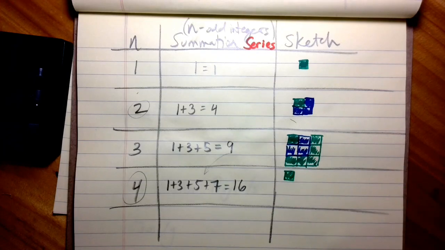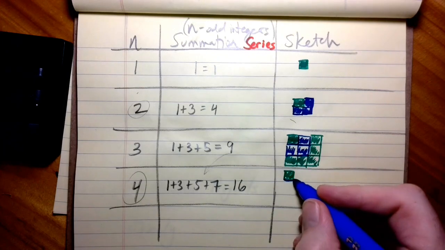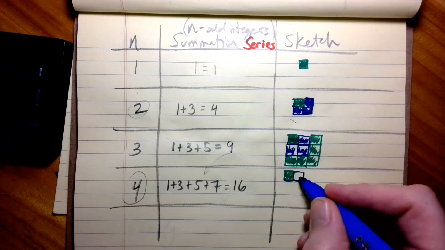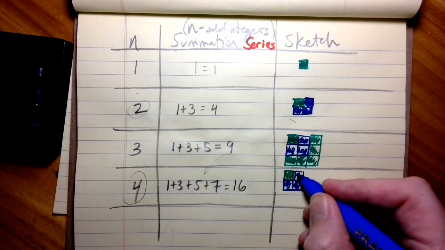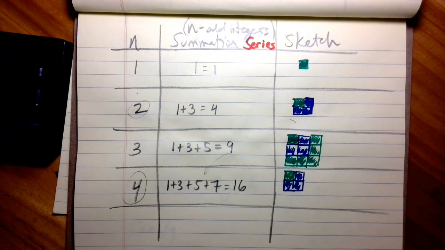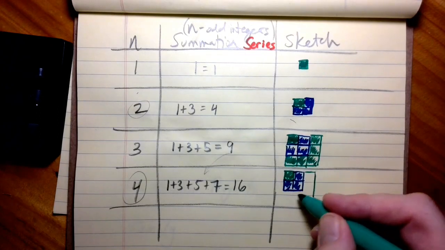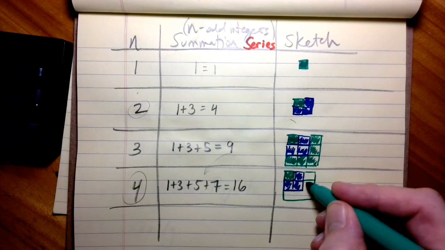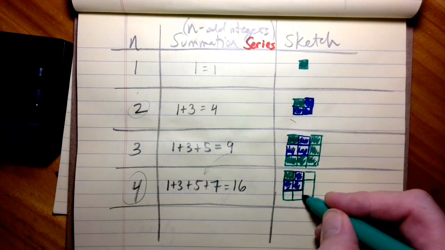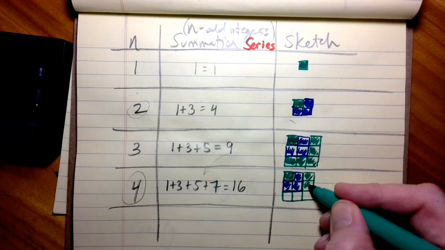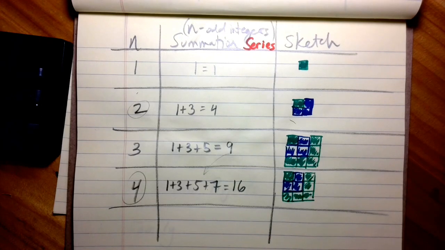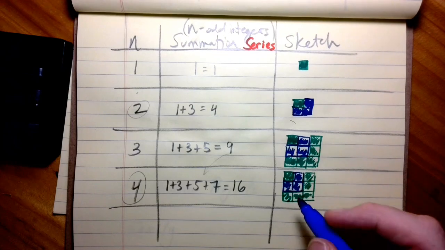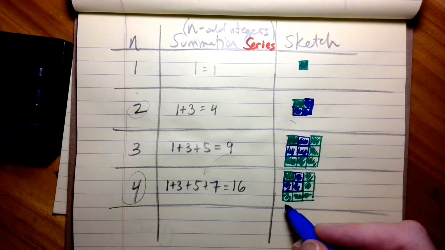There's 1 plus 3 plus 5, and then we're going to add one more set.